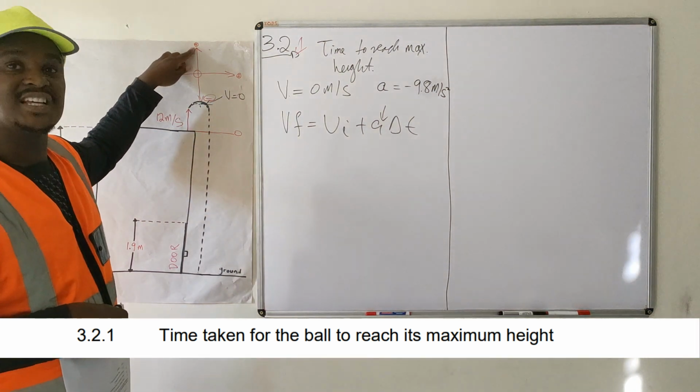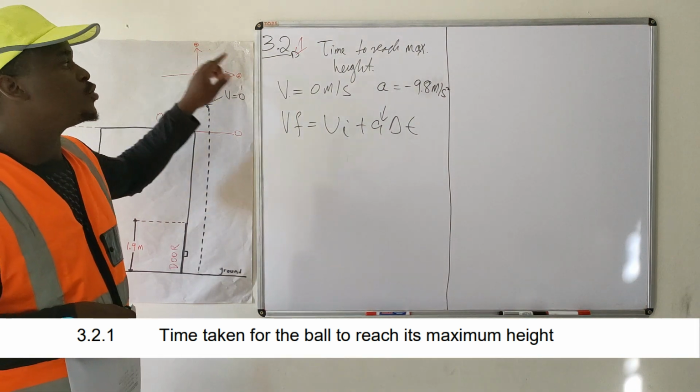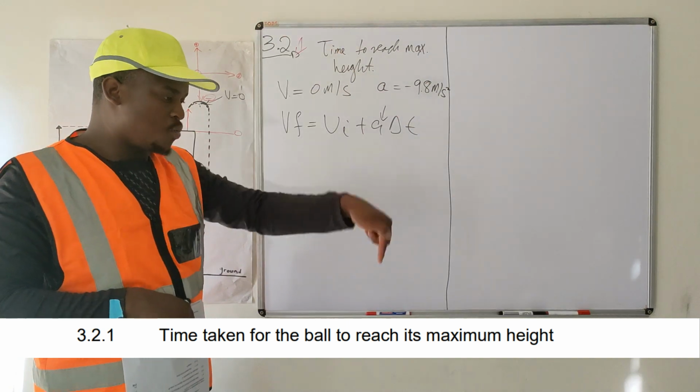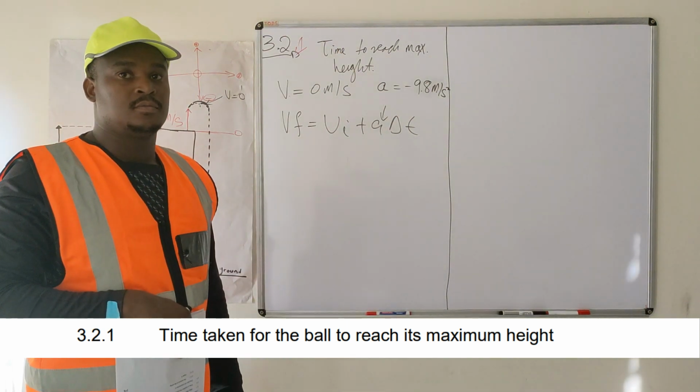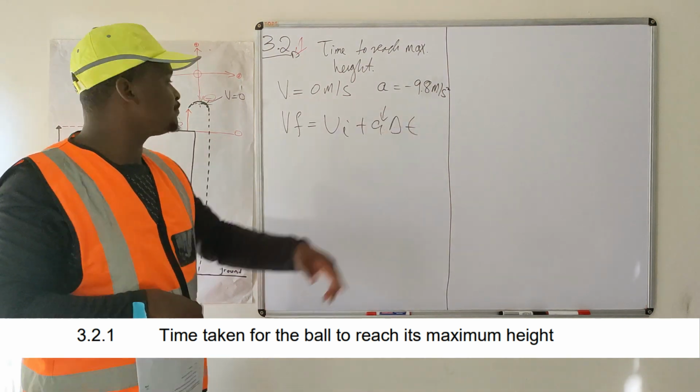All the vectors pointing upwards will be positive. In our case, our gravitational acceleration is downwards towards the center of the Earth, so it should be negative.